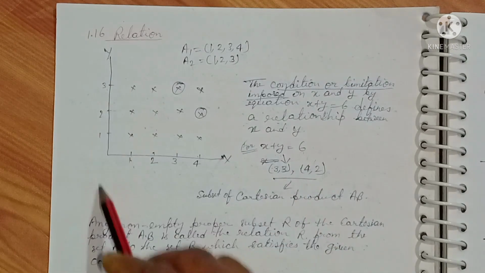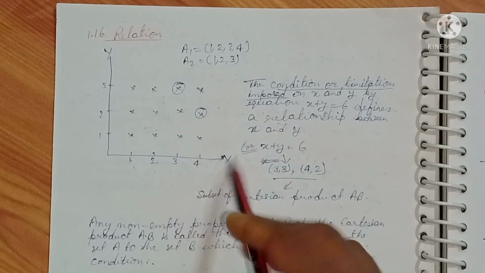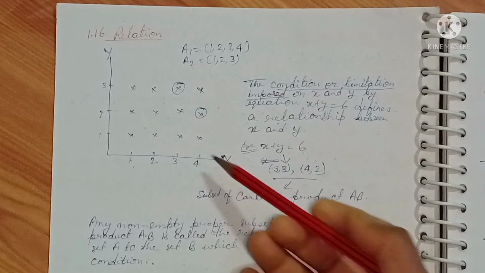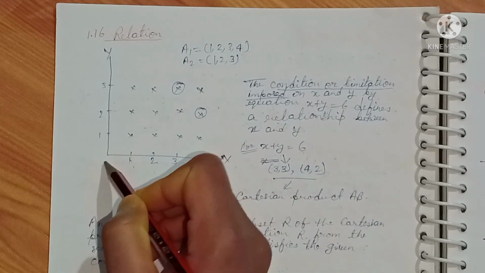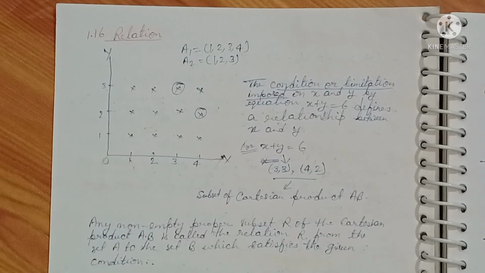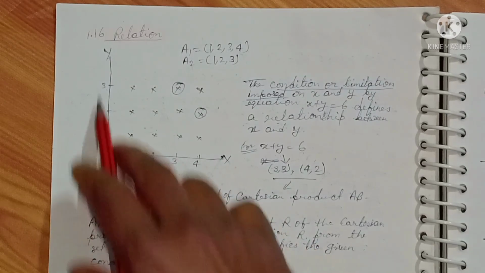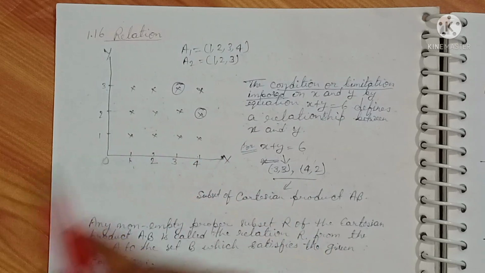And on the graph you can see, if we plot all the ordered pairs, I have already explained how to find the Cartesian product. Okay, so Cartesian product you can represent on the graph like this. Here you can write 0. Along the x-axis you have to represent the first set, and along the y-axis you have to represent the second set. And then if you plot the graph, you will get like this.